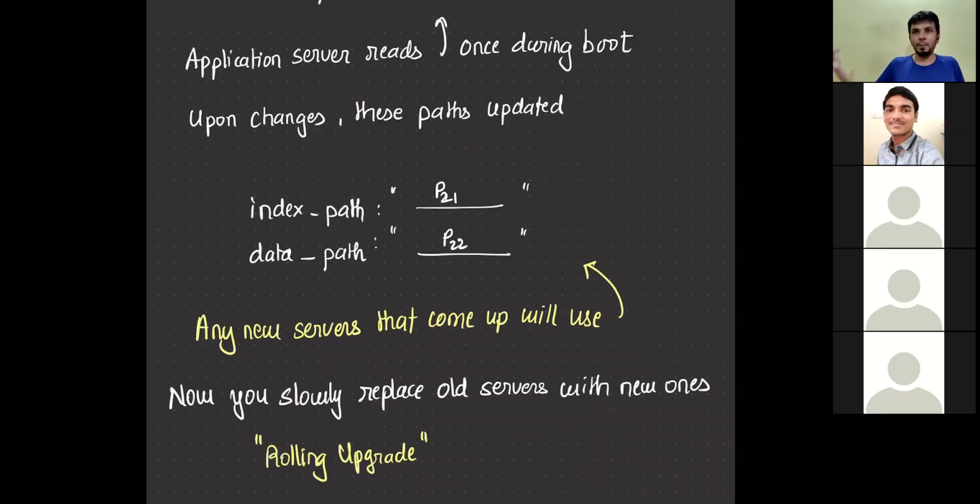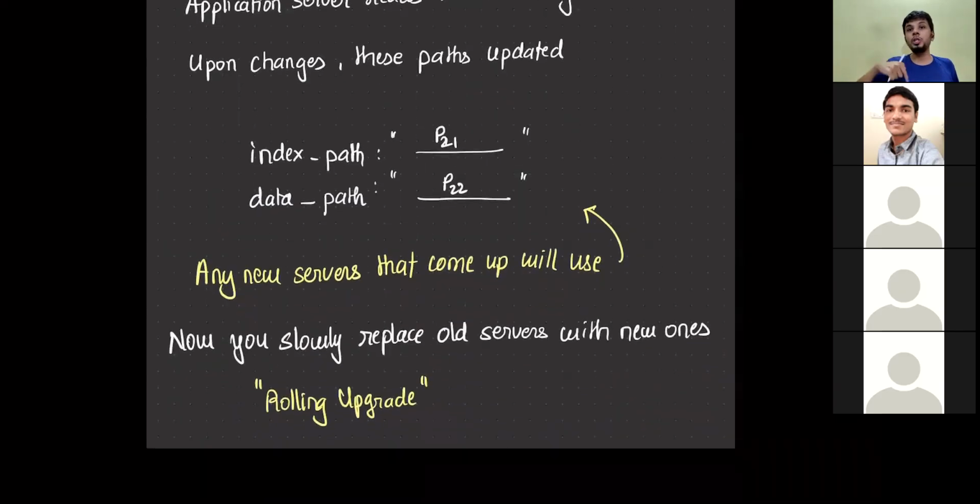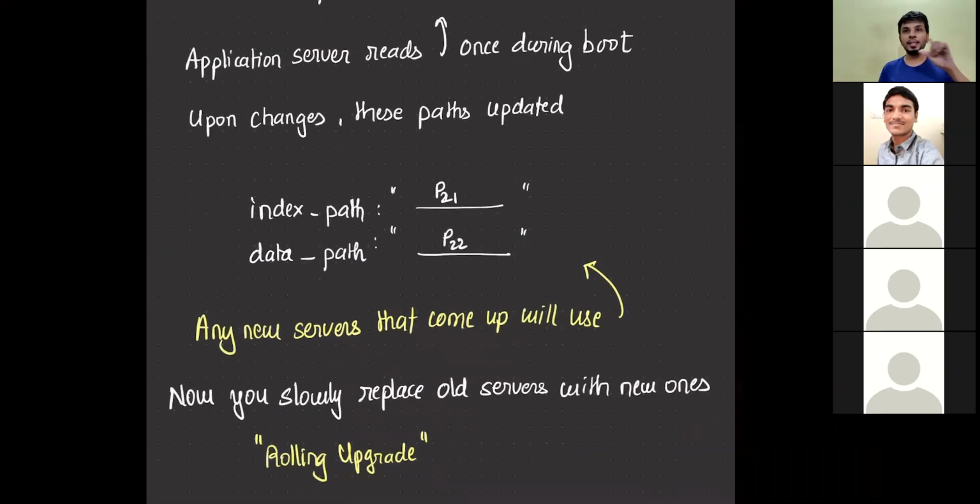Let's say your weekly job ran, and these paths got updated to P21 and P22. New servers that come up, since this update has gone to that same meta file, which has a constant path, like slash meta.json, every server that boots up hits this meta.json file, loads the index file and the data path from S3, and then uses it to query.